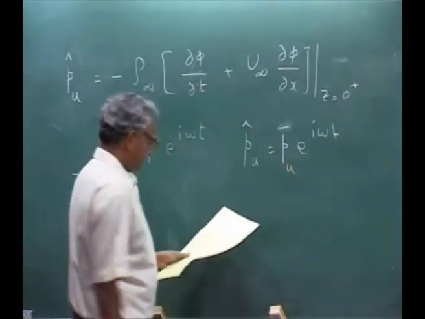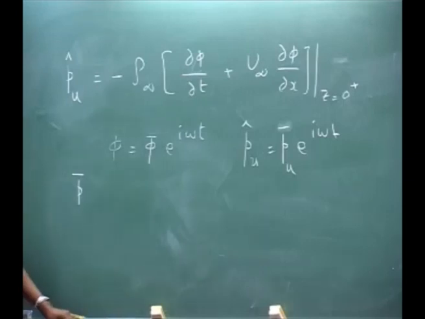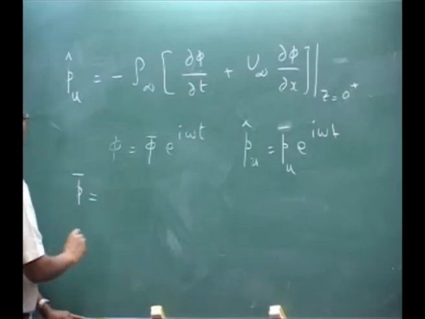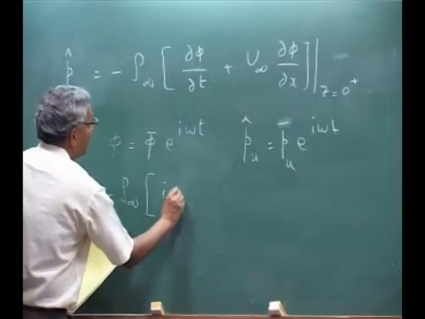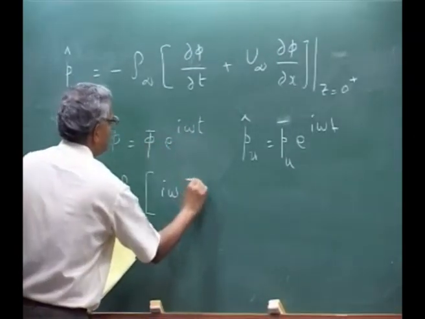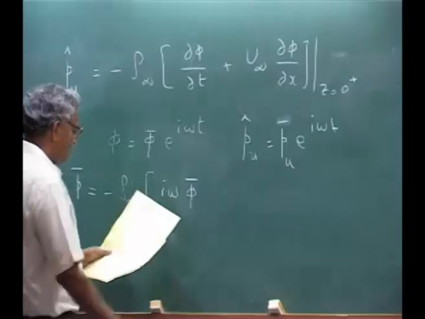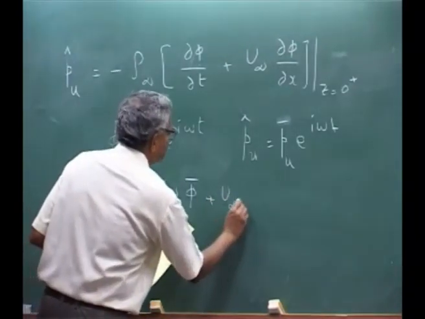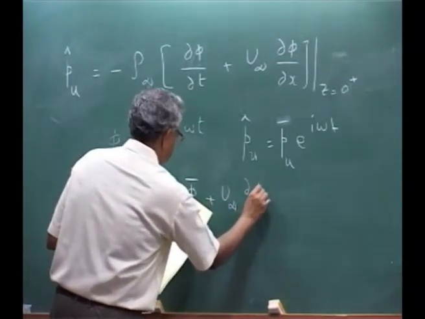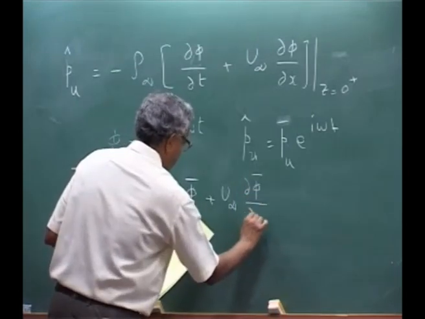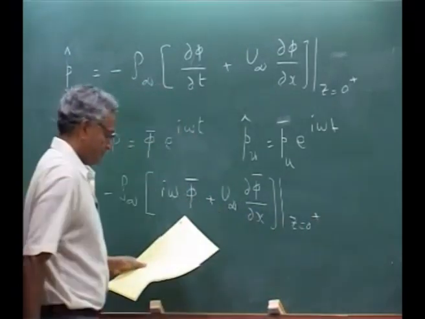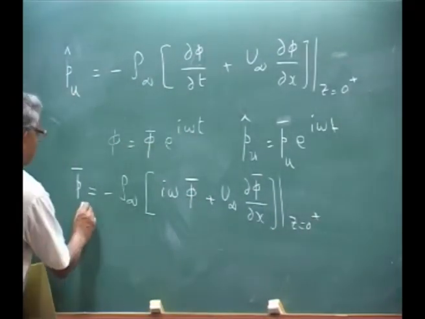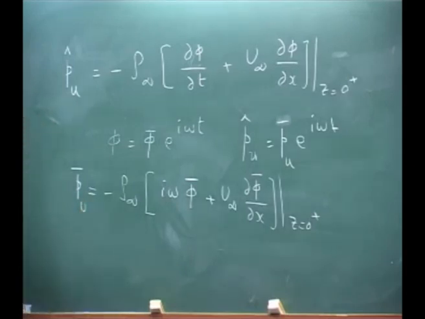When this is oscillating, pressure is oscillating, everything is a steady oscillation. This will be minus rho infinity i omega phi bar, because e power i omega t I am cancelling out, plus u infinity delta phi bar over delta x at z equals 0, plus P upper.